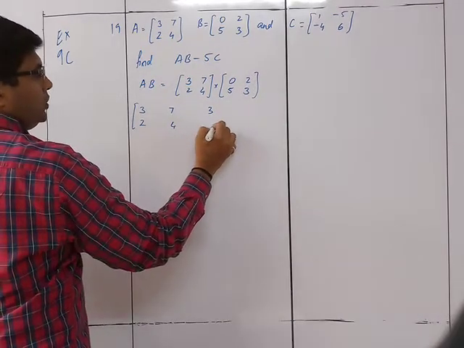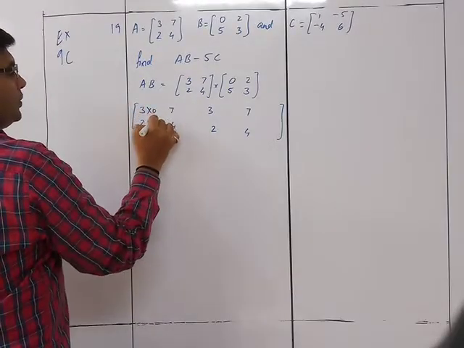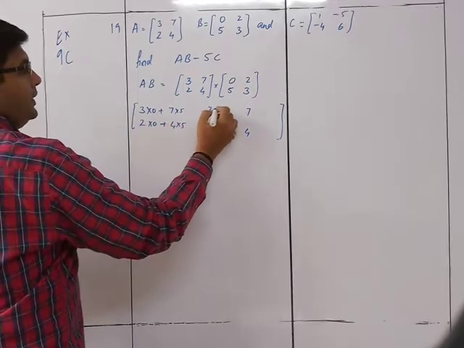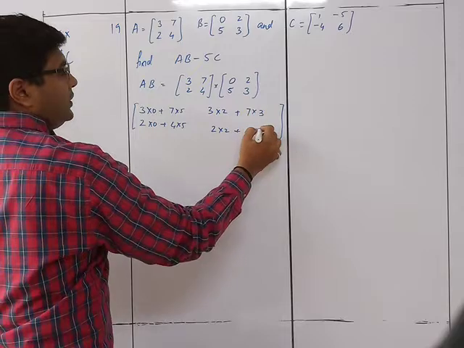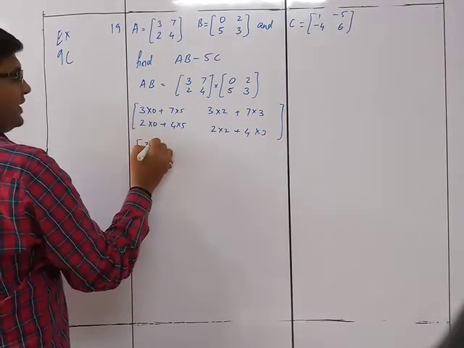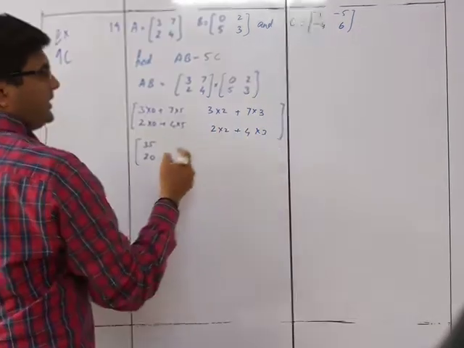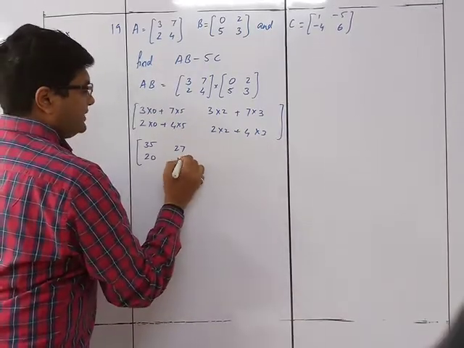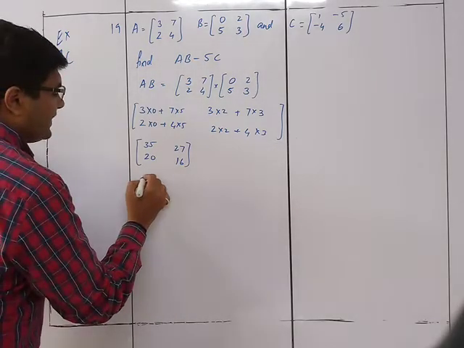That gives me 0 plus 35, 0 plus 20, this is 6 plus 21, so 27, and 12 plus 4 is 16. That is AB.